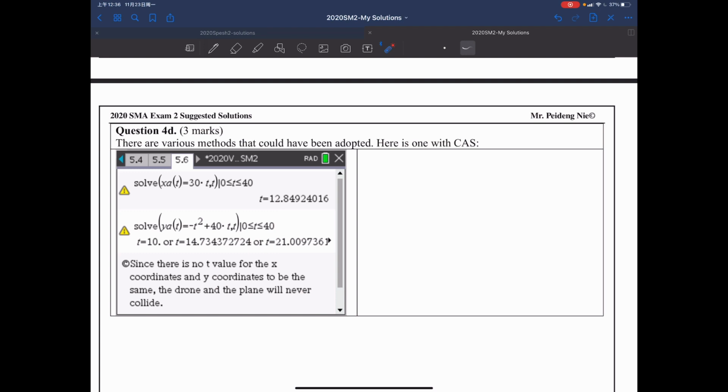We should get 4 solutions, but the final solution is 26 something I couldn't remember, but you can see this t value is not the same as the 4 values, totally different, which means there is no t value for the x coordinate and the y coordinate to be the same. So the drone and the aeroplane will never collide, which means they will never make contact with each other. Right, question 4 finished.